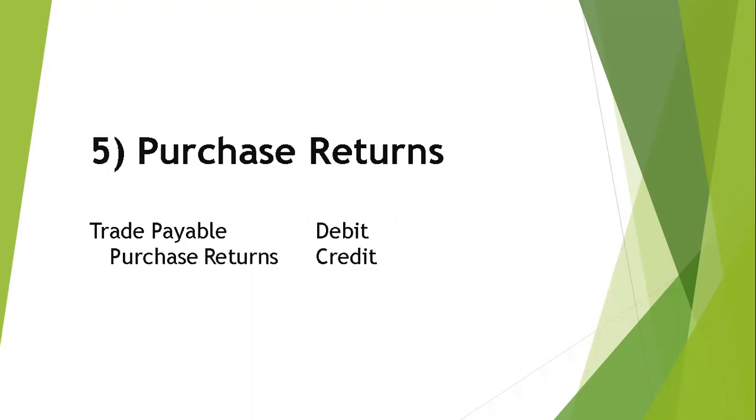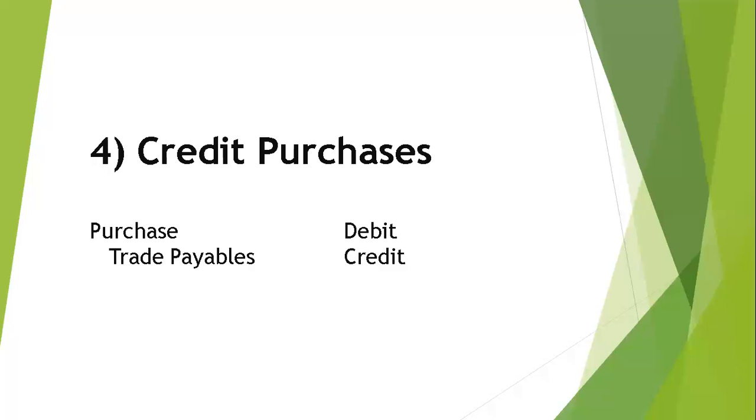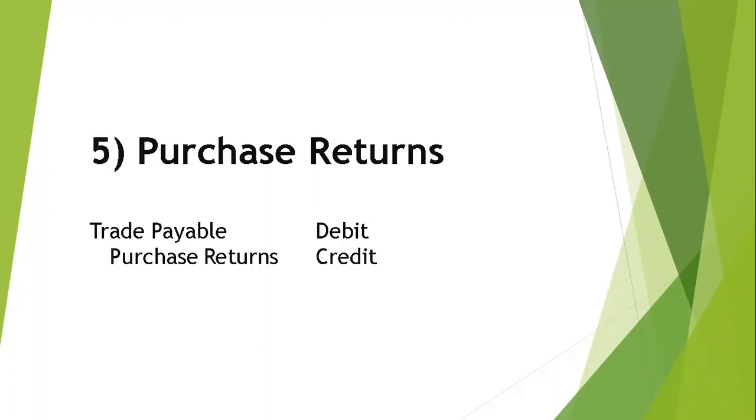In that case, we won't register it in the purchase account. We are going to create an account called purchase returns. In the fourth case, we had a purchase account, but in the fifth case, we introduce another account, purchase returns.